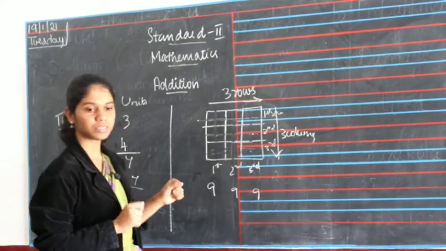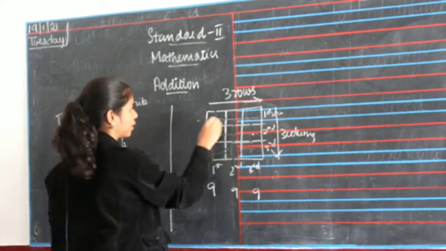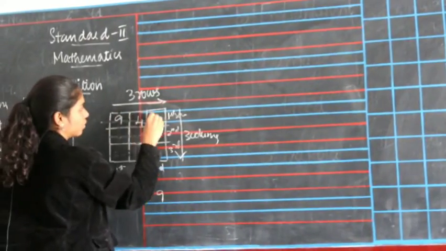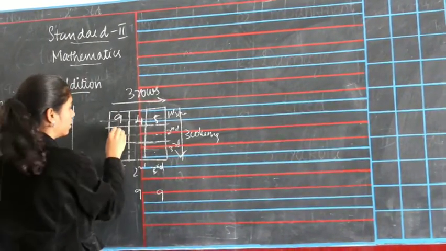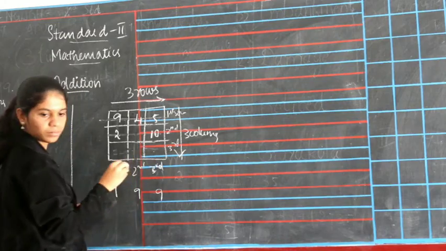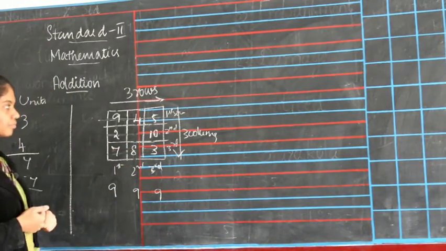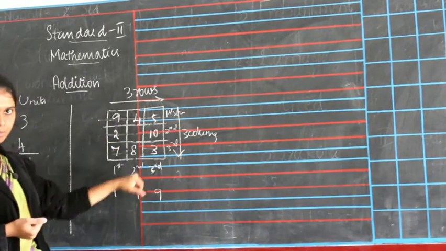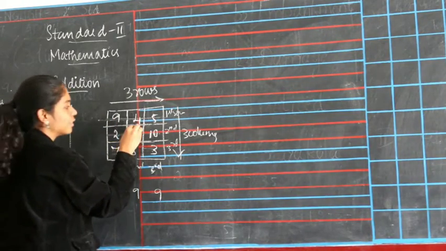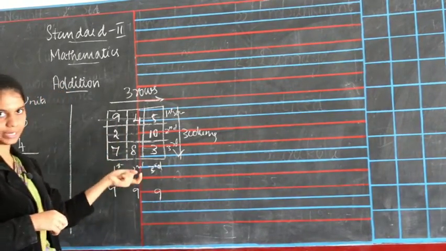Now they have given us a magical box. Okay, 9, 4, 5 and 2, 10, 7, 8, 3. Okay, this is a magical box and the numbers are not all filled here.